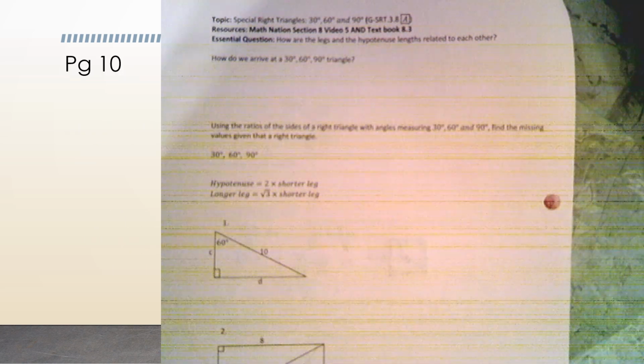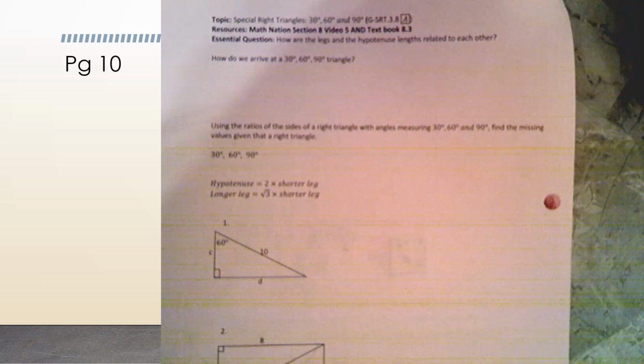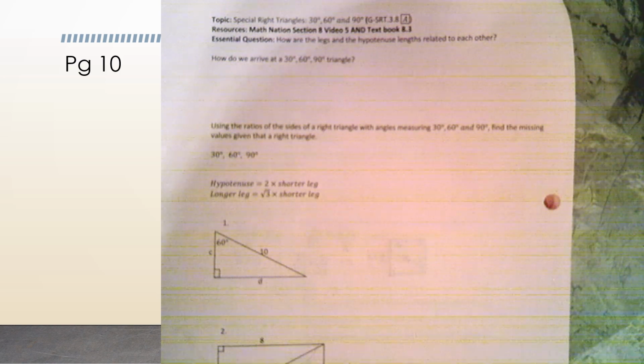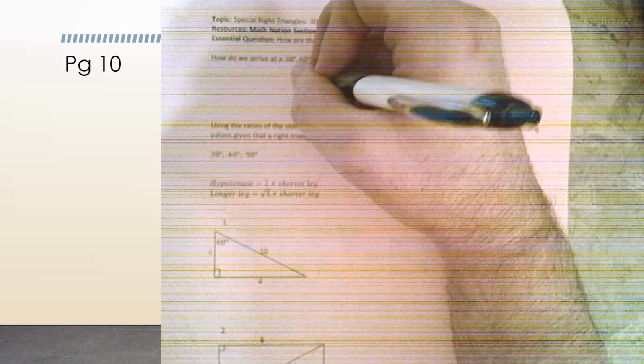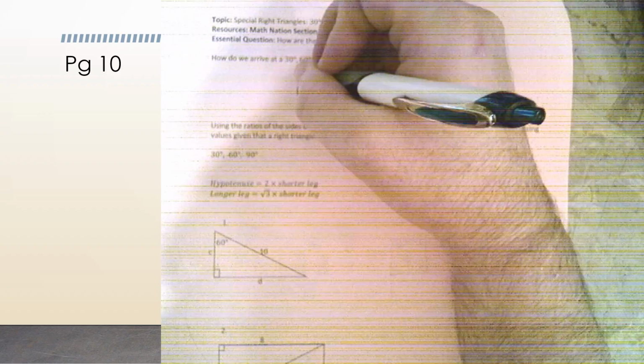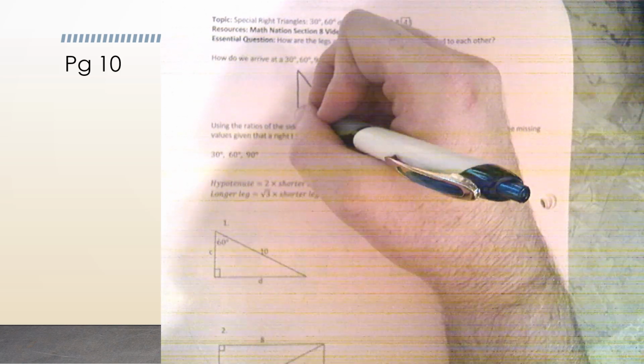Okay, so the top of page 10 is saying, how do we arrive at a 30, 60, 90 triangle? Well, those numbers are the angles inside the triangle. When you're dealing with a 30, 60, 90 triangle, they're not going to have the same length legs.